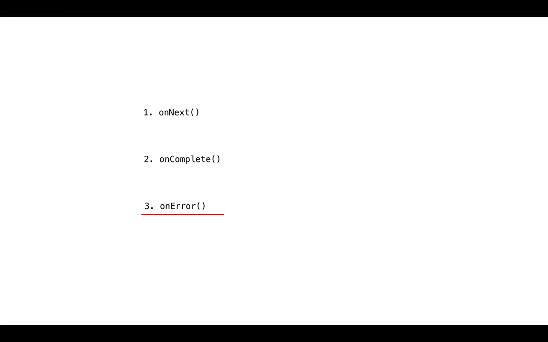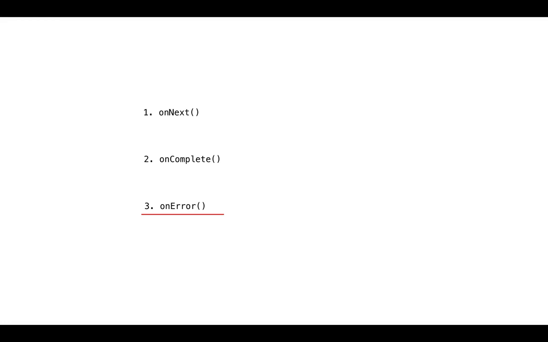So this basically communicates an error up the chain to the observer, where the observer typically defines how to handle it. The observable pipeline terminates here on onError, and no more emissions will occur, just like onComplete.